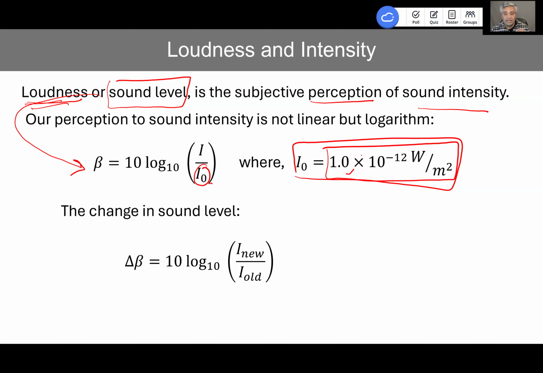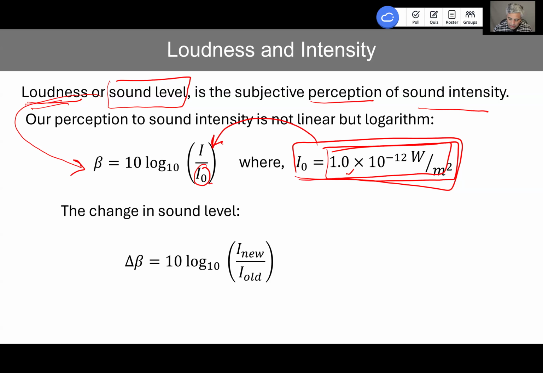So what kind of sound is that? Sometimes you may hear a leaf ruffling a little bit, slightly, not with blowing air or something like that. It may be just flickering a little bit. In that case, you may hear a very faint sound. That is about this much intensity.